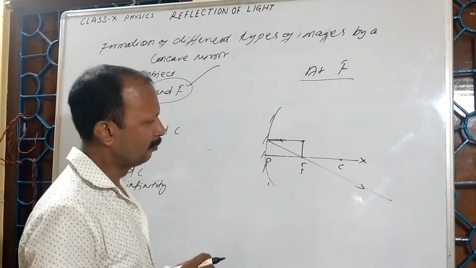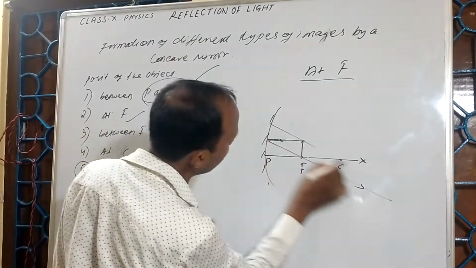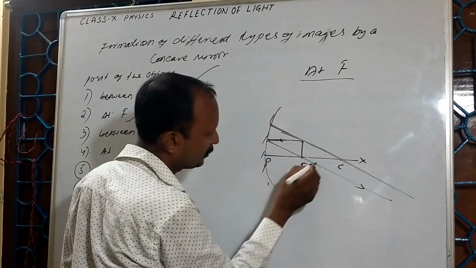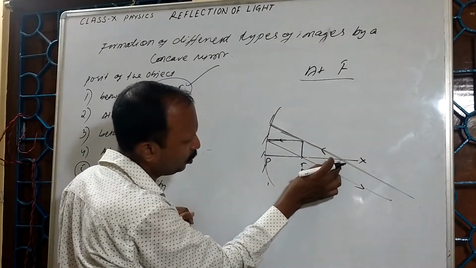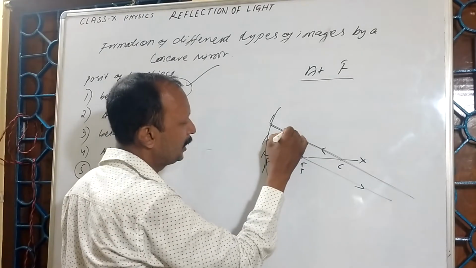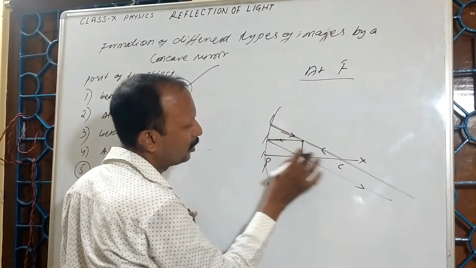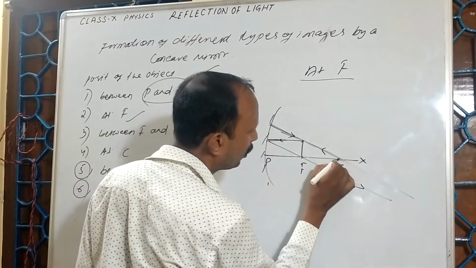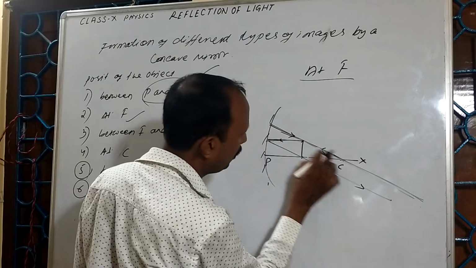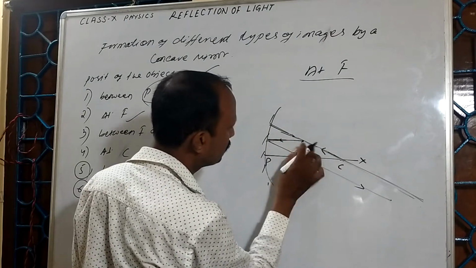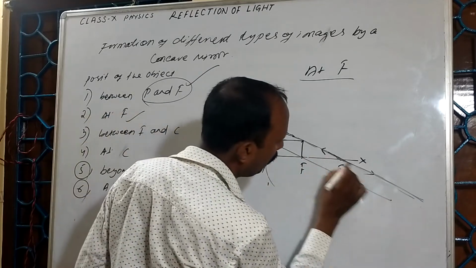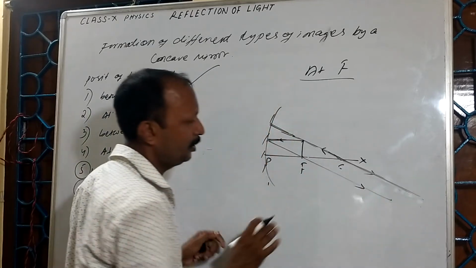Now one more light ray I am taking. Suppose I am taking like this. You can take like that. That means it is coming through the center of curvature. It touches this position. So it goes back along the same path but in opposite direction. This is the incident ray, this is the reflected ray. So how are they moving? They are moving parallel.